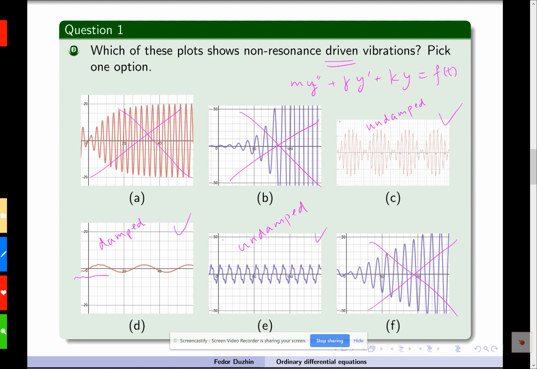But those little oscillations eventually disappear, and in the end we only have the big sinusoidal wave. This indicates the presence of a damping force. Initially both the driver and the internal vibrations of the system were present, but as time goes by, the internal vibrations dissipate and we only see the driver. So this is the damped oscillations.